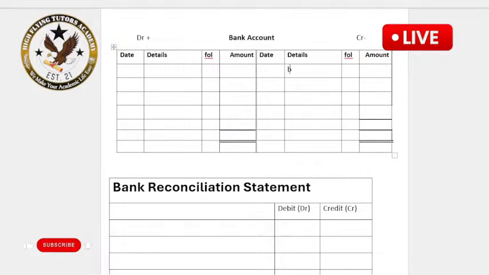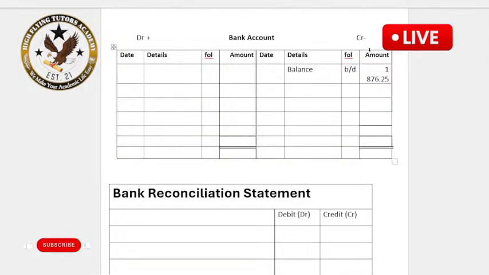So we're going to say balance brought down of 1,876.25 cents, right? That is how we record that transaction right there.